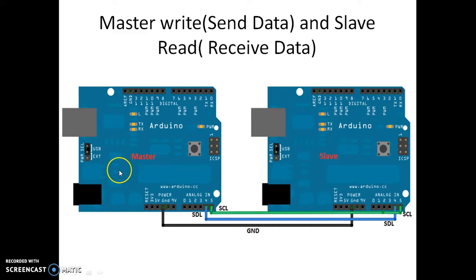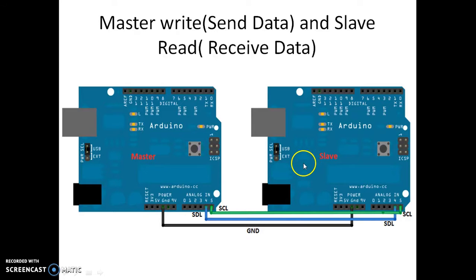If you upload the master code to this Arduino, then this will be the master. And same thing, if you upload the slave code to this Arduino, then this will be the slave. So we just assume that this is the master device and this is the slave device. You can use it the other way around too.